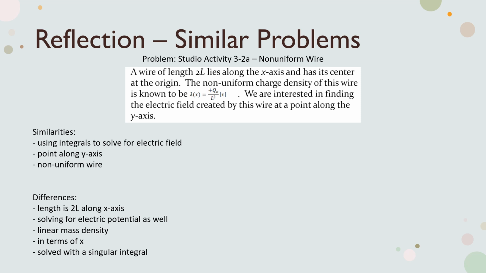And in this problem we also have to solve for electric potential as well, versus the studio problem we only have to solve for electric field. And then we are given the linear mass density in this problem, and it's different from the other one, and it's also in terms of x, versus the one we are doing is in terms of y. And this one is solved using a single integral, and in our problem we use a double integral to solve.